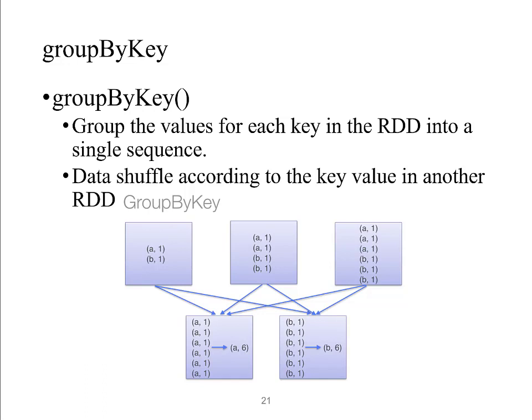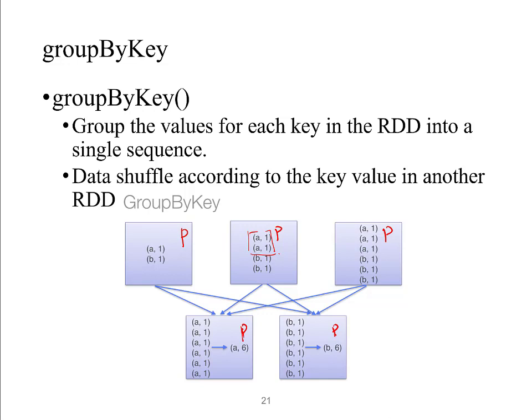So these are all partitions. And for group by key, it actually does no combining in each partition. For example, it will not combine this A1 together.